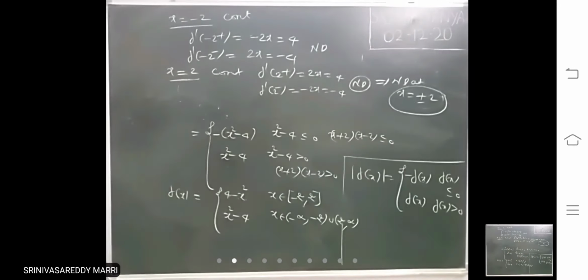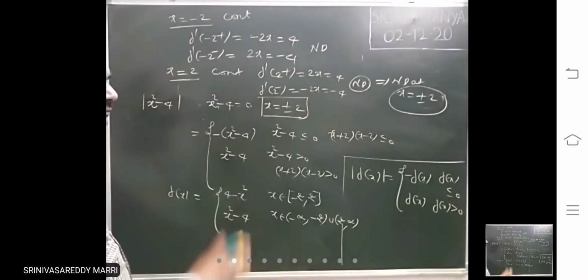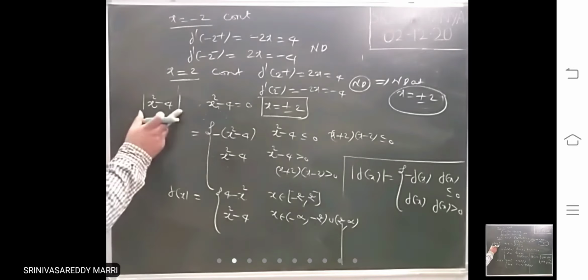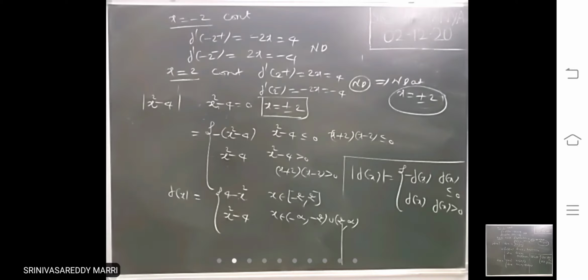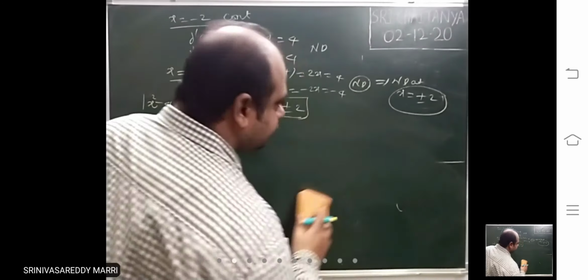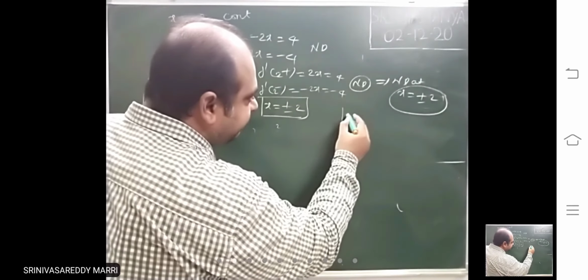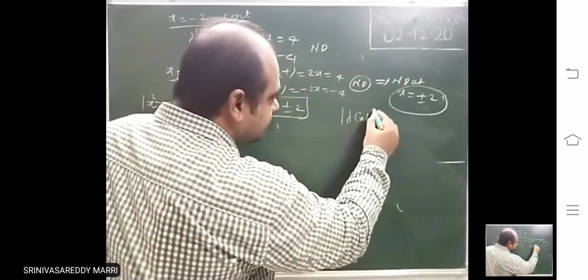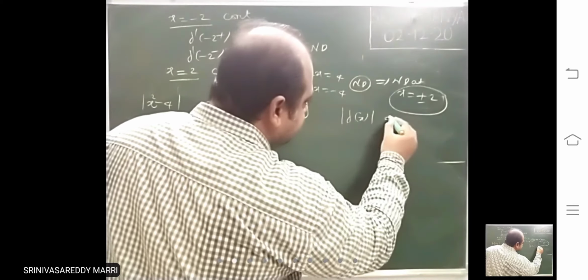Shortcut: look at x square minus 4, which is inside the modulus. Whatever the term inside the modulus is, you equate it to 0. That means the answer is plus or minus 2. These are the points at which it is not differentiable. Look at modulus f of x.